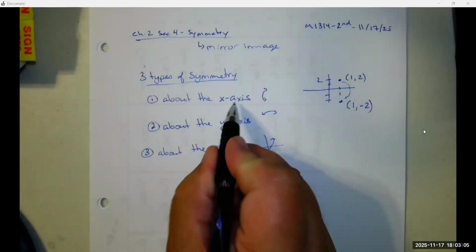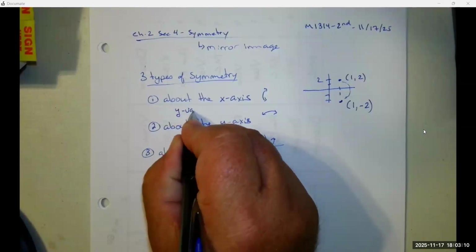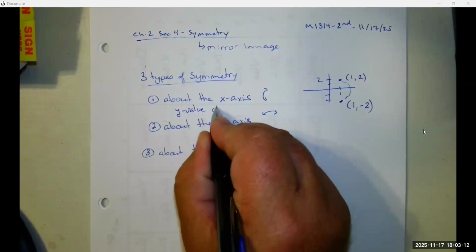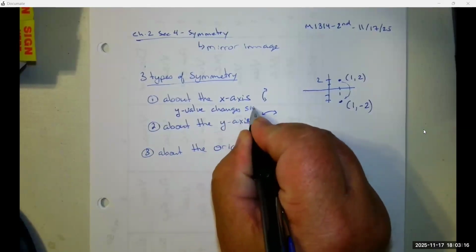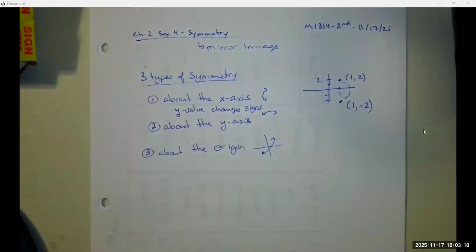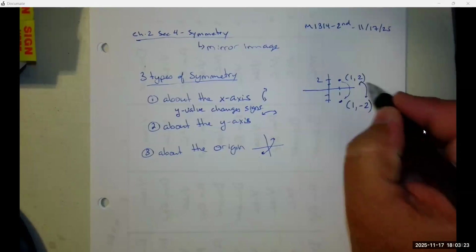So to be symmetric about the x-axis, the y value changes signs. So the y value changes from positive to negative or negative to positive.